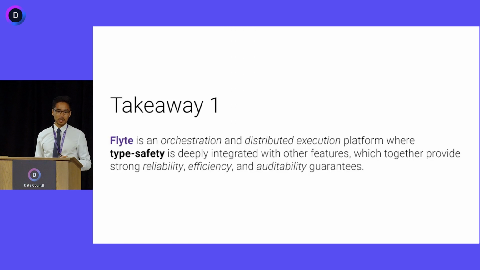So I'm going to have some time for questions, but the three takeaways I want you to take from this talk are that Flyte is an orchestration tool that gives you type safety, and type safety is deeply integrated with a lot of its features, which provide benefits relating to reliability, efficiency, and auditability.